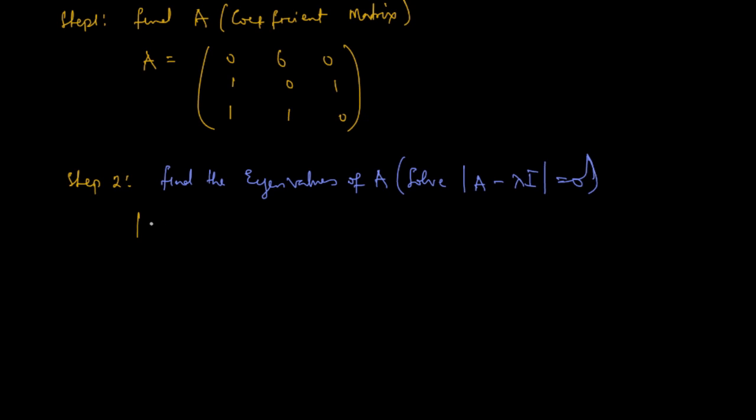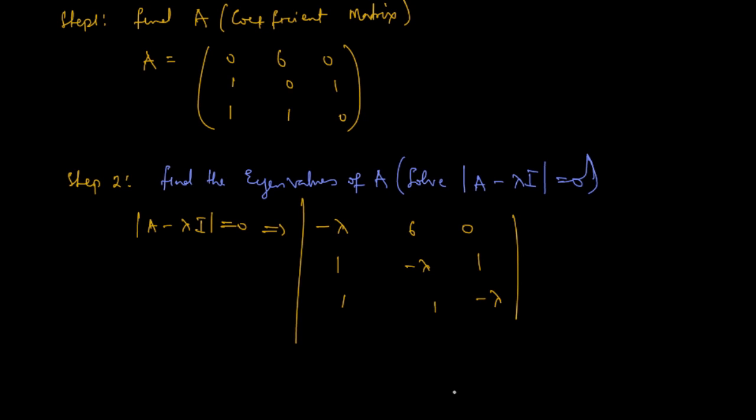So if we write our equation out, we have the determinant of A minus lambda I equals 0. A minus lambda I just simply implies you're deducting lambda from all the elements you have in the diagonal. Then what we're going to have is 0 minus lambda, that is minus lambda, 6, 0; 1, minus lambda, 1; 1, 1, and then 0 minus lambda, which is minus lambda.